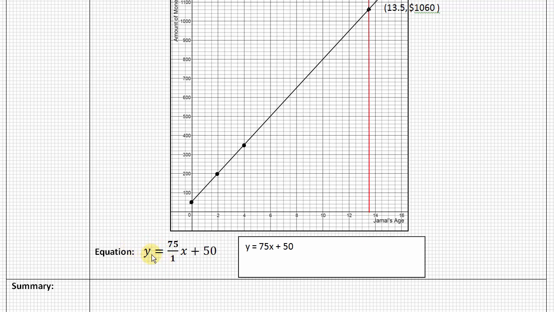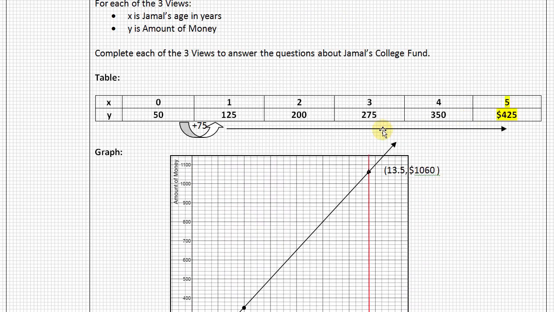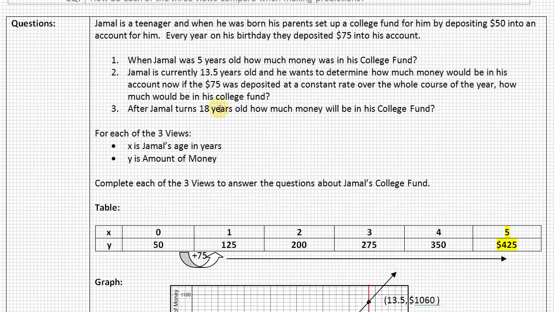I said that the equation is y equals 75 over 1 x plus 50. Here I've written it again where we're going to do some calculations to make our prediction about the amount of money in his account after 18 years. The 75 over 1, that's how much it's increasing every year, right? In our table we see that, and in the description it said every year they deposit $75.